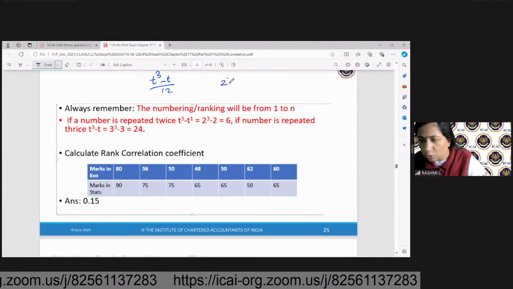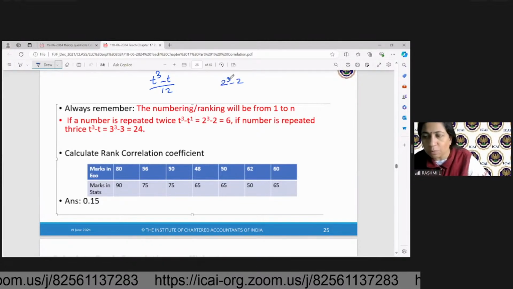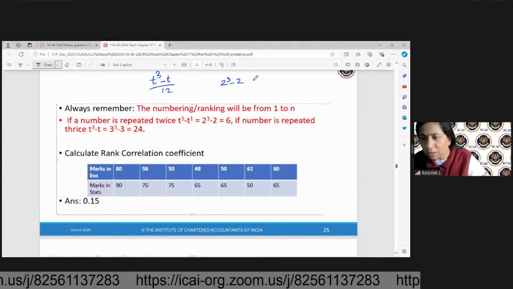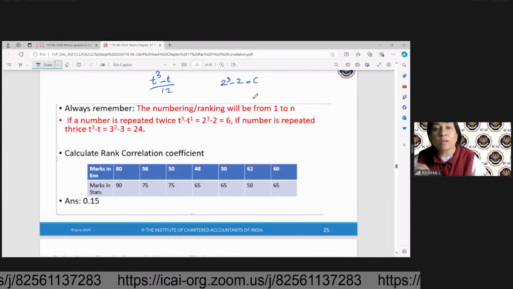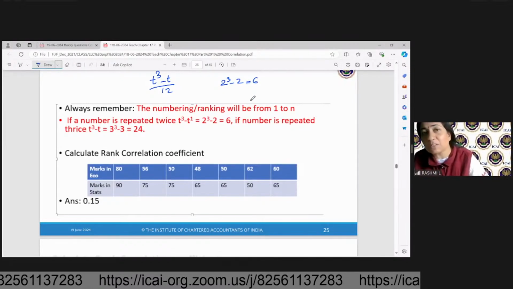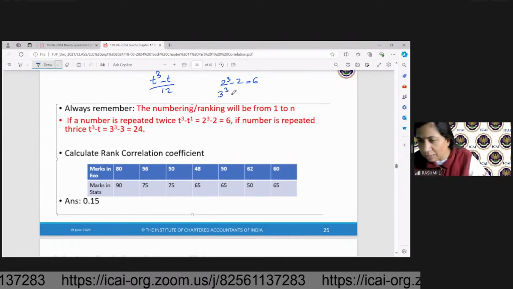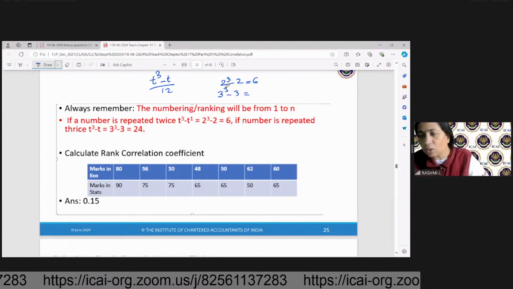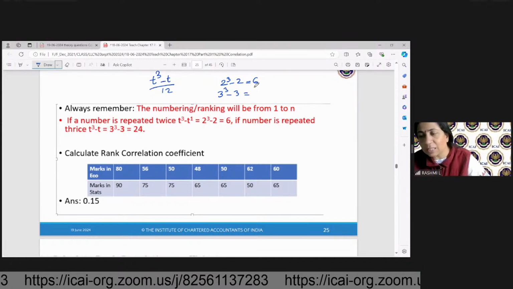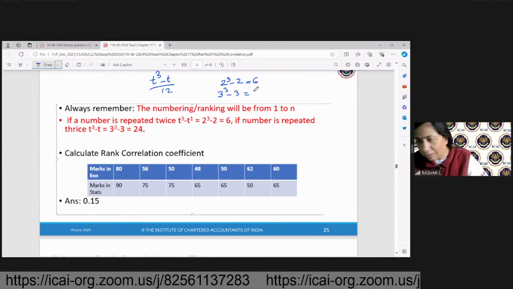So 2 cube minus 2. How much is 2 cube? 8. 8 minus 2, it will be 6. What happens if the number is repeated thrice? Then it will be 3 cube minus 3. 3 cube is 27, minus 3 is 24.